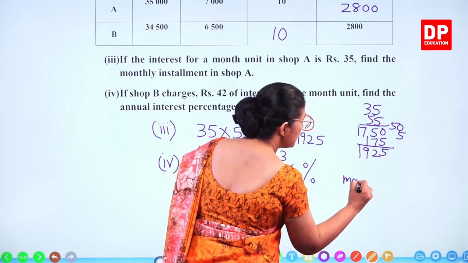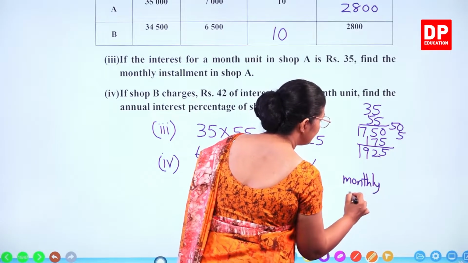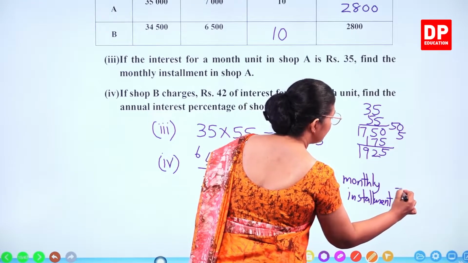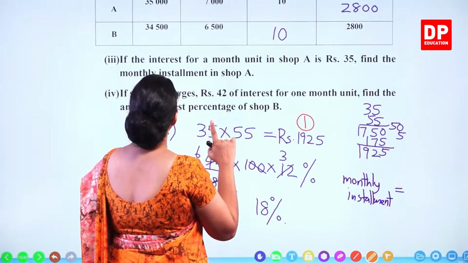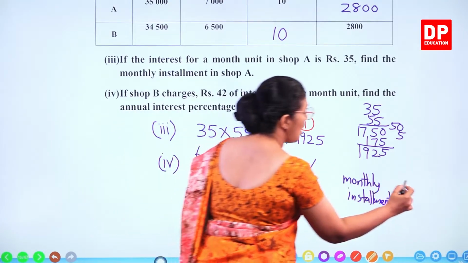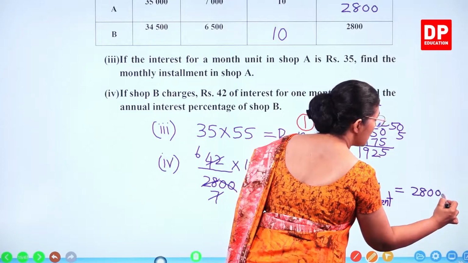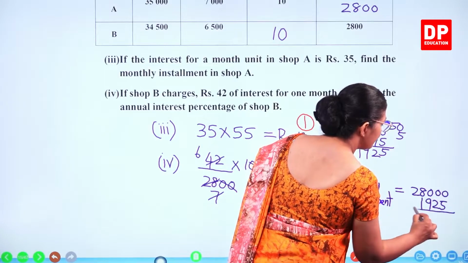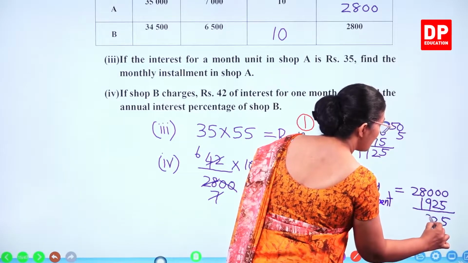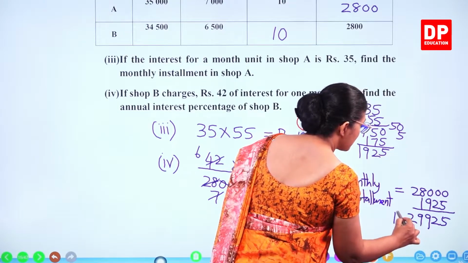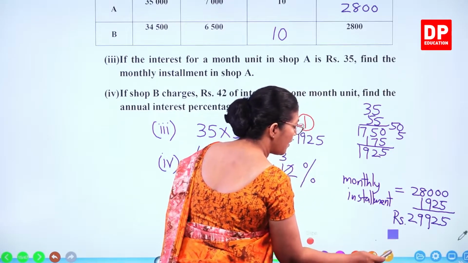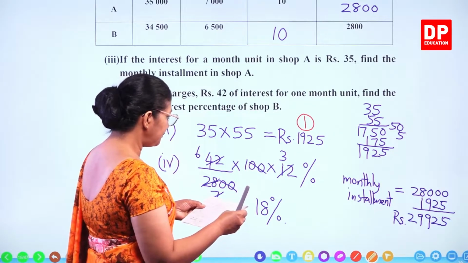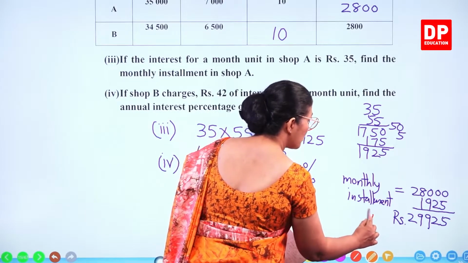Monthly installment is, so you have to pay 28,000. 28,000 is the loan amount plus 1,925. That's the interest. So you have to add everything and get the answer. That's 29,925. So for that, you get 1 mark, finding the total amount.